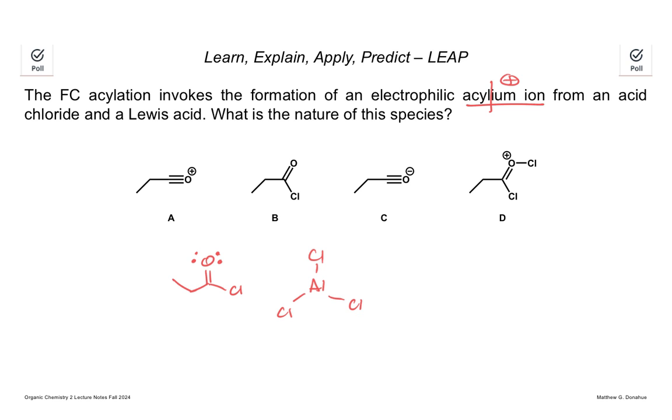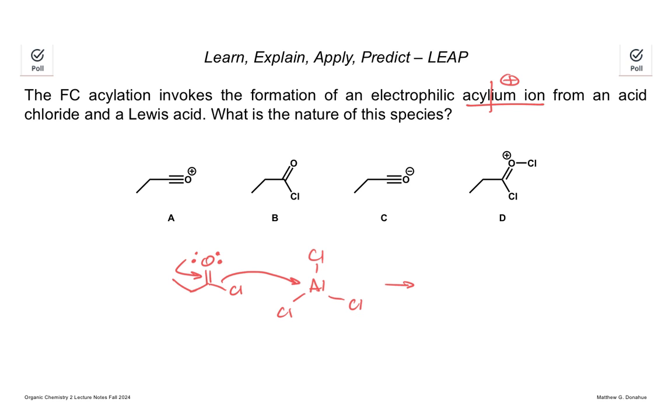And one way to think about what happens is kind of something funky we've never seen before. An elimination onto an existing pi bond. So we're going to form a CO triple bond. That's going to displace chloride anion off, which will bond to that aluminum.